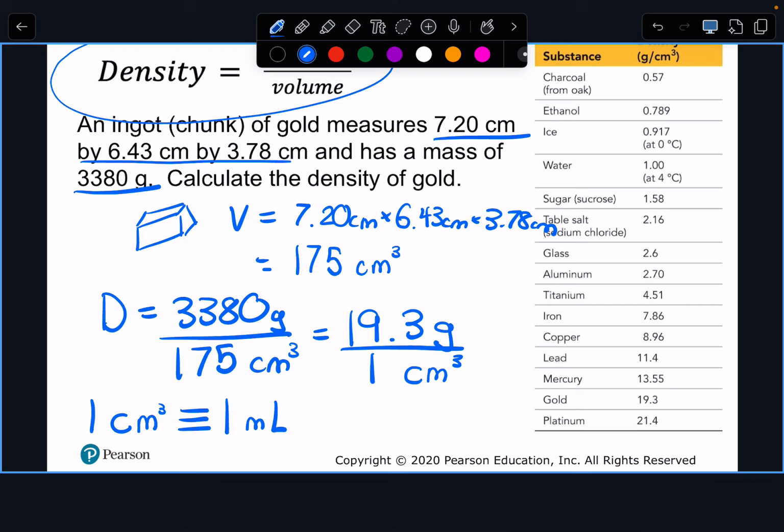In water, this is another good one to keep in mind. Water's density is right around 1 gram per centimeter cubed. Again, centimeter cubed is equivalent to milliliter, so 1 gram per 1 milliliter. It changes slightly with temperature. So when you do lab stuff, you will have a table of density of water at different temperatures.